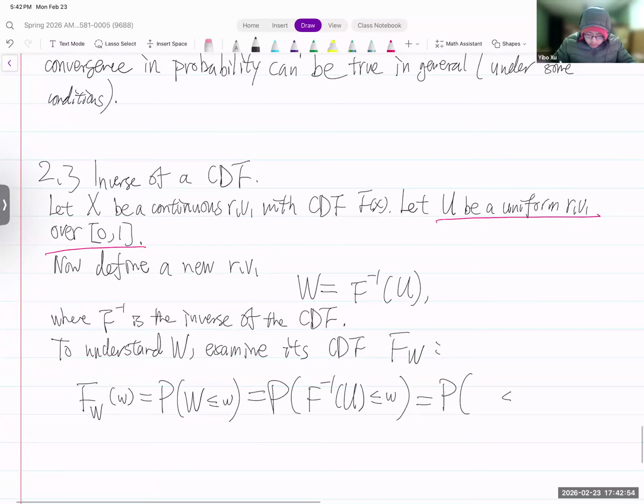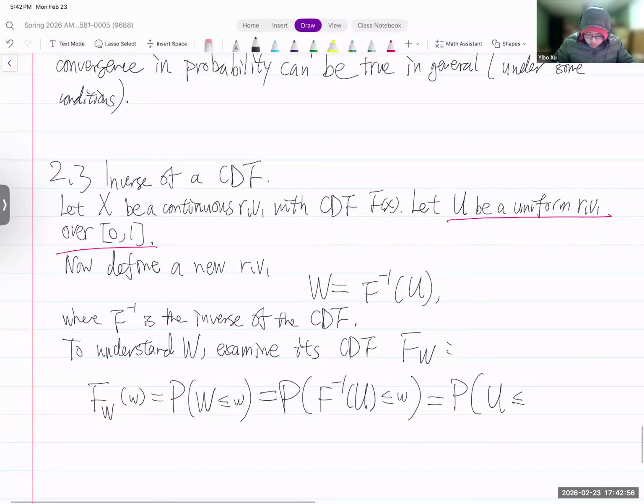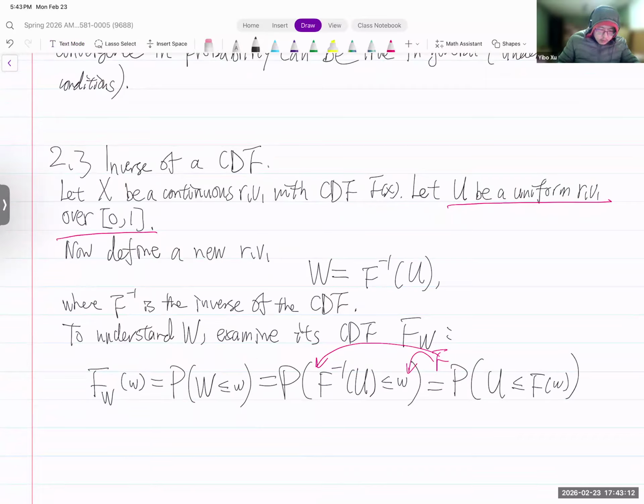This is U less than or equal to F of w. So I apply cap F on both sides. Now remember, U is a uniform random variable and cap F is a CDF, so this value is actually between 0 and 1.